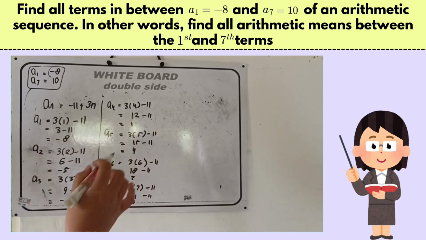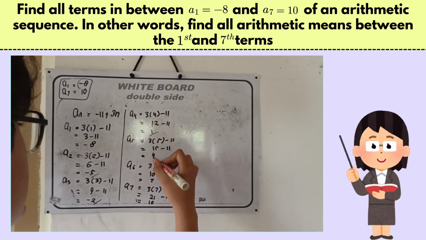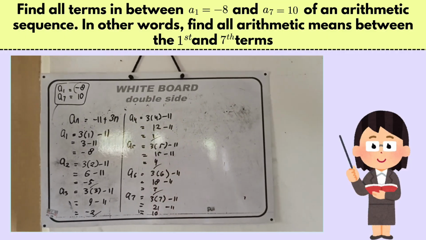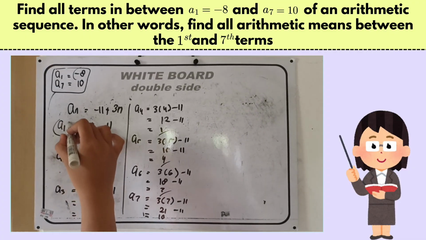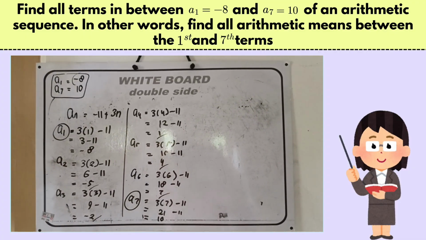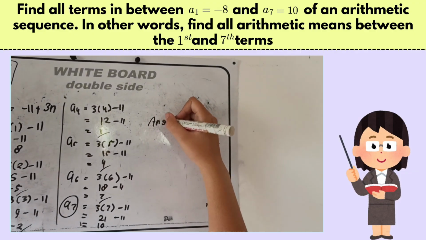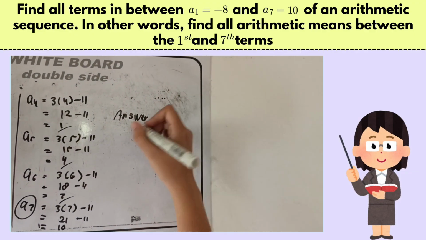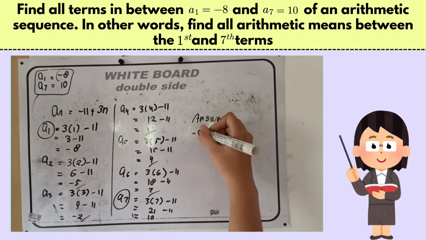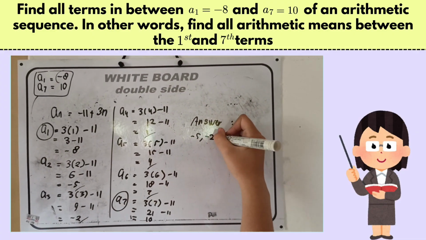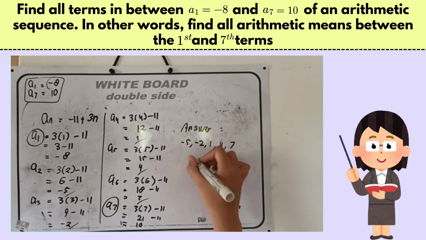So I can see that these are the terms in between a sub 1 and a sub 7. So the answer is negative 5, negative 2, 1, 4, and 7.